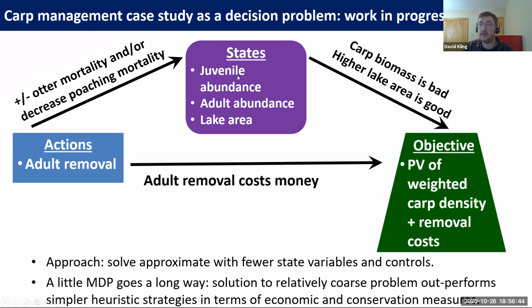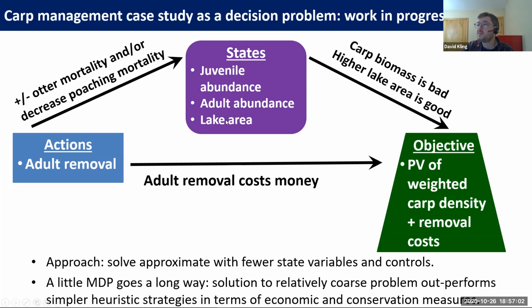which decreases adult abundance. And what's interesting about the application I'm working on here is that I'm not going to consider, for now, any of the secondary levers of trying to go after juveniles or juvenile carp in particular.